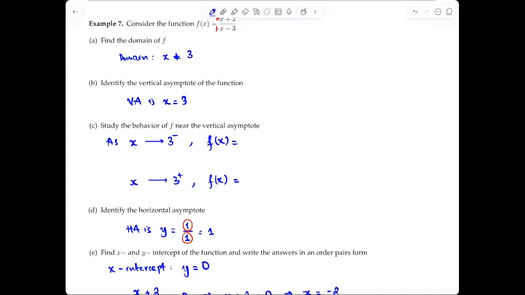You know where the positive is coming from, you know where the negative is coming from. So positive over negative is going to give you negative. Therefore, as x approaches 3 from the left, the function is going to approach negative infinity.